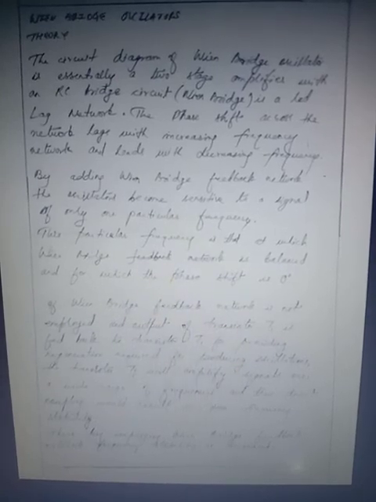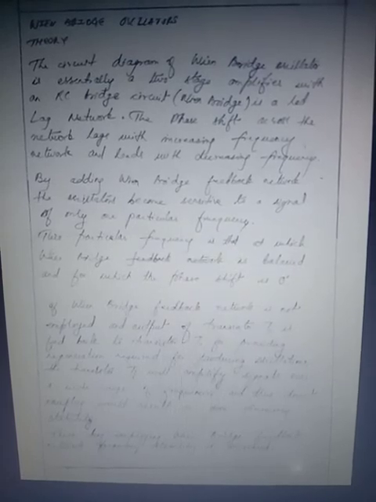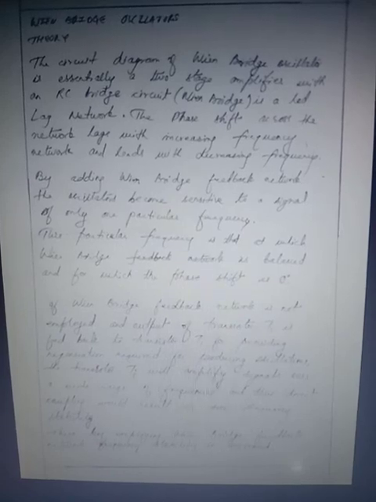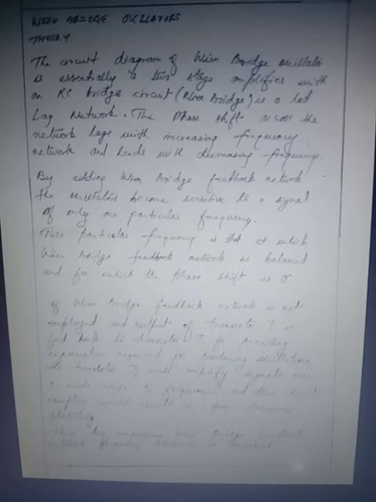Wien Bridge oscillator theory and working. The circuit diagram of a Wien Bridge oscillator is essentially a two-stage amplifier with an RC bridge circuit. The phase shift across the network leads with increasing frequency and lags with decreasing frequency.